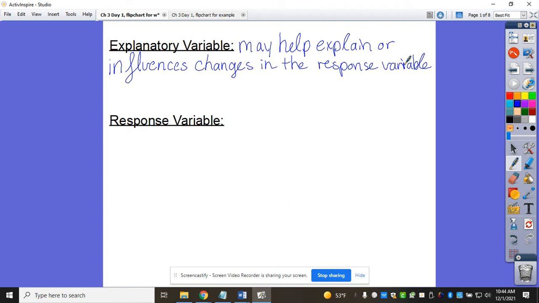If something happened first, obviously that has to be your explanatory variable. Sometimes it's not always that something happened first, like our football example, but this one is very obvious of which one is the explanatory, which one is response.